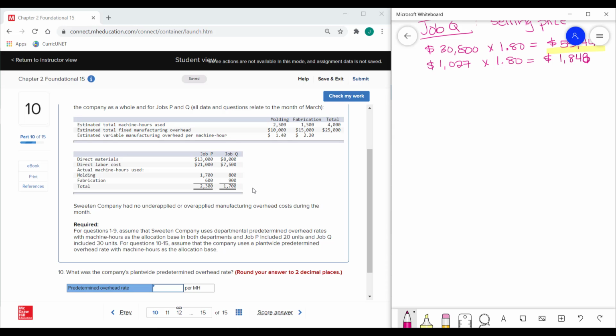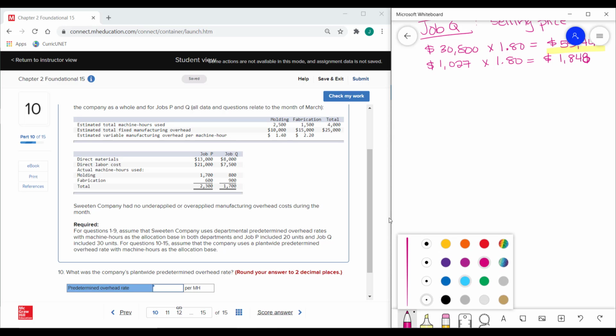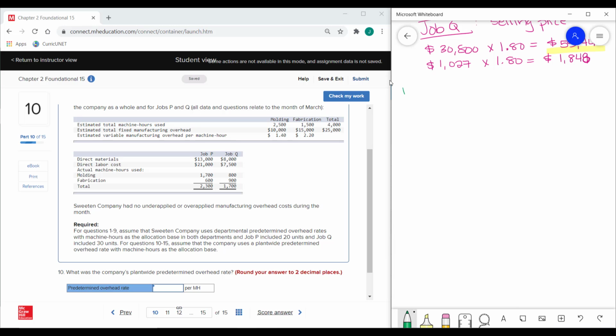So number 10 is asking us, what was the company's plant-wide predetermined overhead rate? Okay, so the way in which we calculate POR doesn't change, right? The fundamentals don't change. POR is still your total estimated manufacturing overhead divided by your total estimated activity.